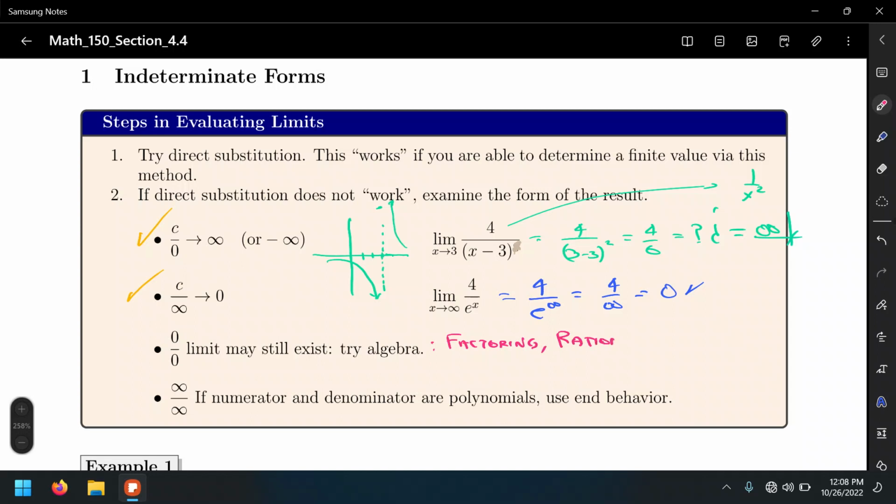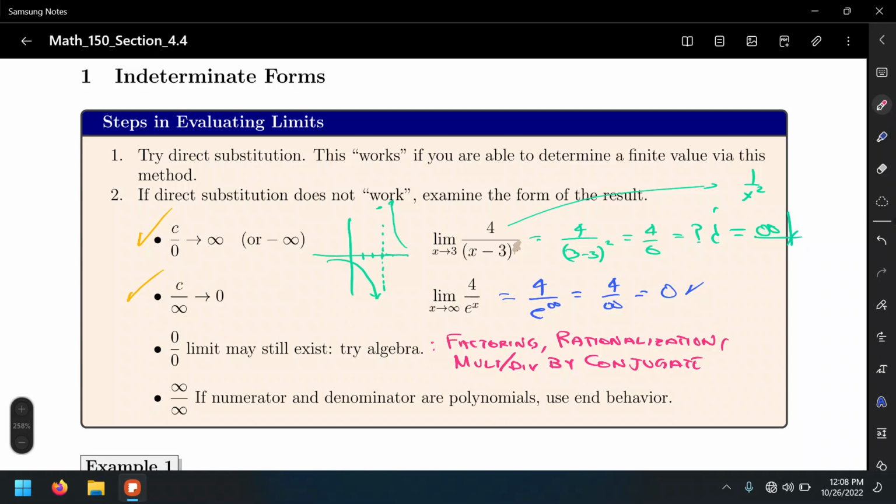Rationalizing, and in this case it's rationalizing either a numerator or denominator depending on the need. And what else? Maybe multiplying and dividing by a conjugate. All right, is there anything else? I think that's it for now.